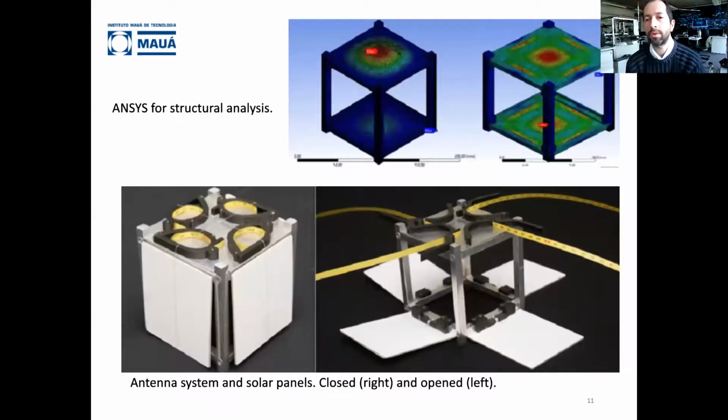Well, for construction, we did a project in SolidWorks and put this project in ANSYS for vibration and modal analysis, structural analysis. Okay, and in the last year we had another mechanical graduation group that made their final graduation project on antennas.